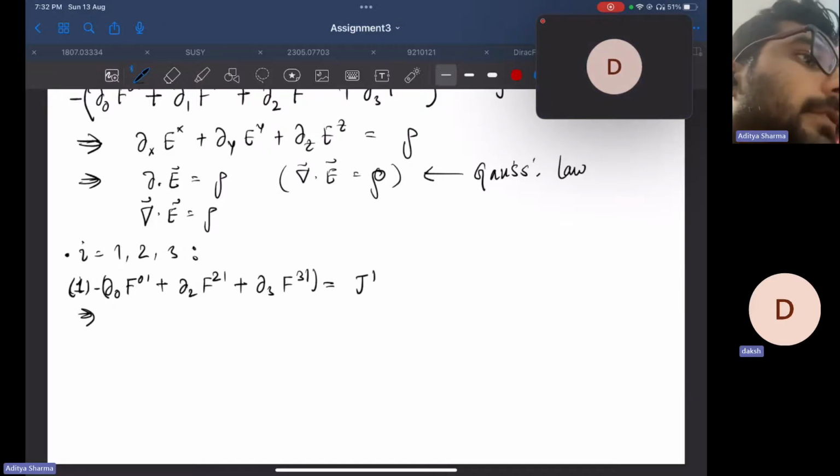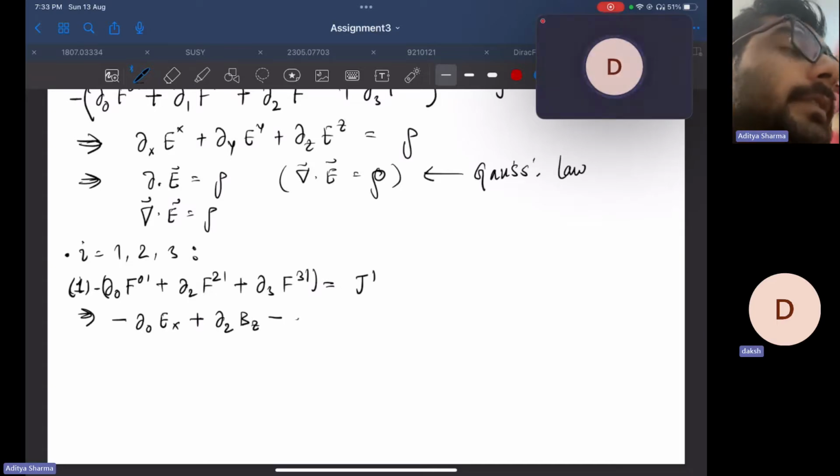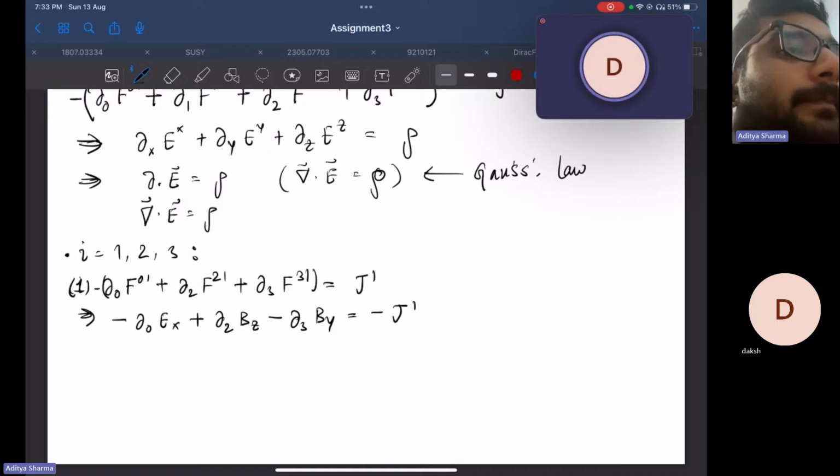And this is equal to minus D0 Ex, plus D2 Bz, minus D3 By, is equal to minus J1.